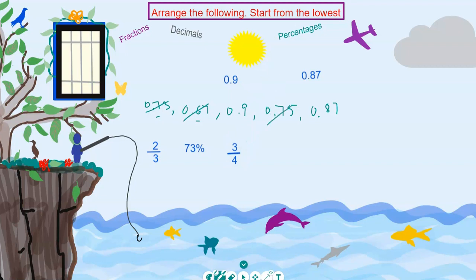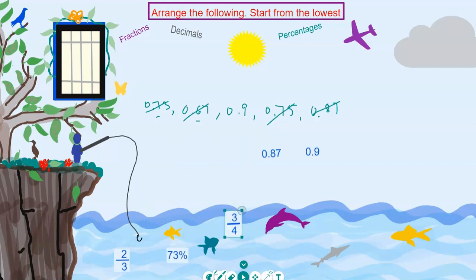So cross that out, followed by 0.87, and then the last one is 0.9. So that is the order of your values from the lowest to the highest. Now let's put them all back to sea, and let's look at where the next one is.